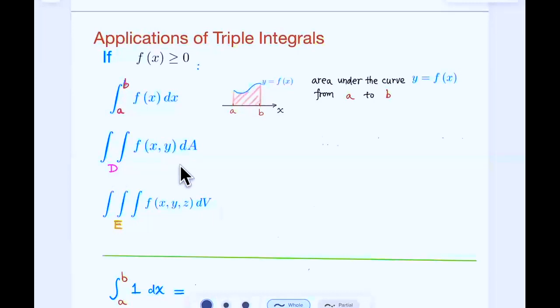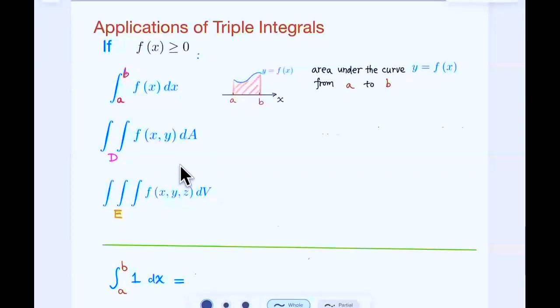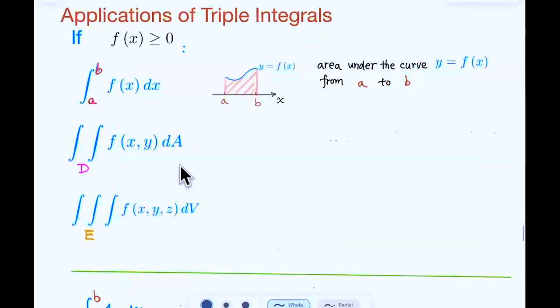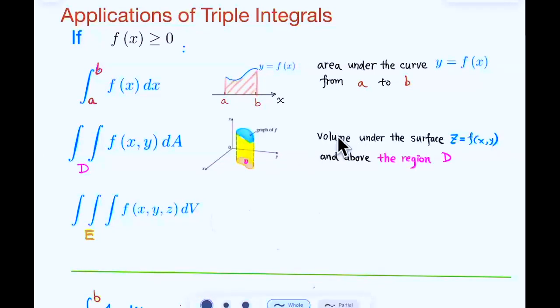What does it represent if it's a positive function f? Looking at the graph of this, it actually represents the volume under the surface, over here, and over this region D. So that's the volume under the surface and above the region D.